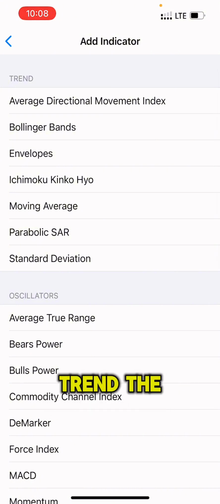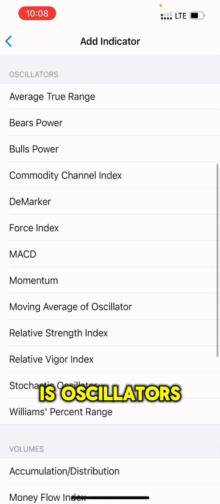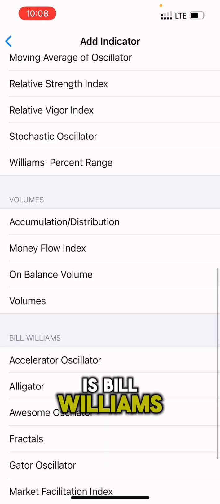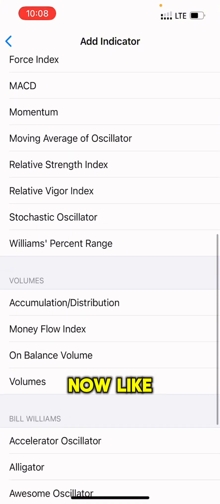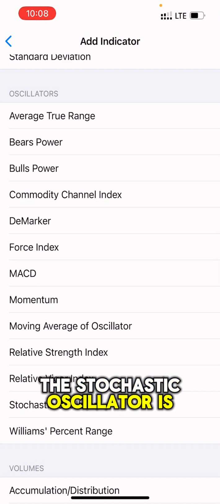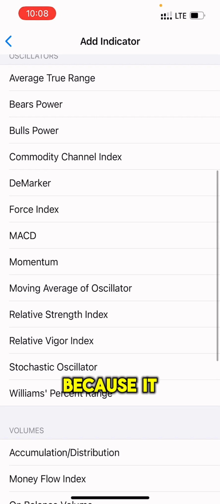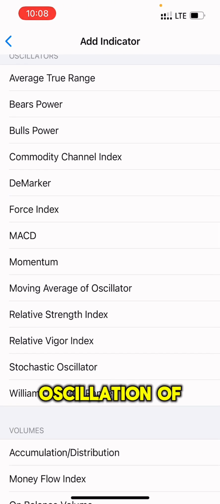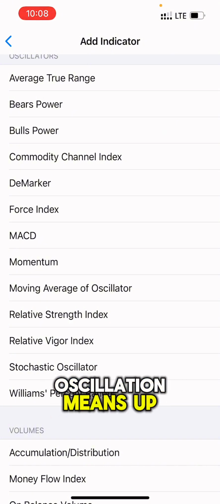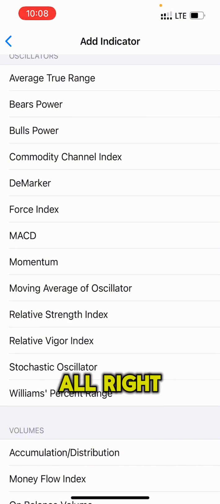The first one is trend, the second one is oscillators, the third one is volumes, the last one is Bill Williams. Now, like I mentioned before, the stochastic oscillator is an oscillator, because it measures the oscillation of overbought and oversold conditions in the market. Oscillation means up and down movement.